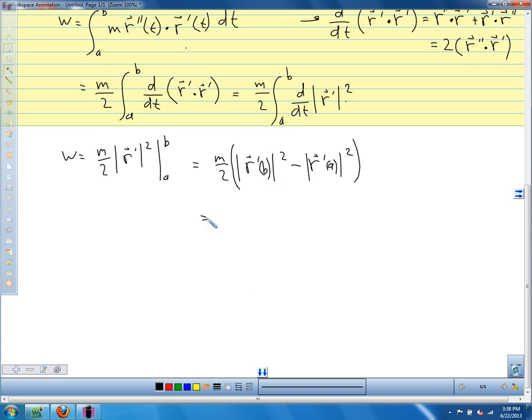So this equals, and I'm going to write it in a more familiar notation for those of you that have been in physics before, 1/2 m times the magnitude of our velocity squared at parameter t minus 1/2 m times the magnitude of the velocity at a squared. This is the change in the kinetic energy.